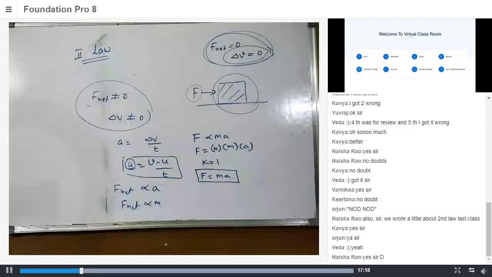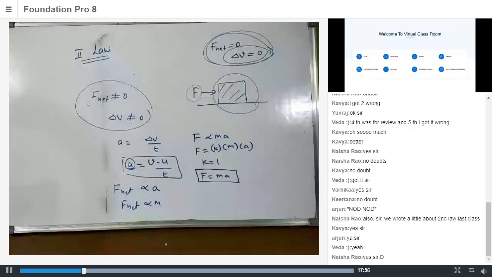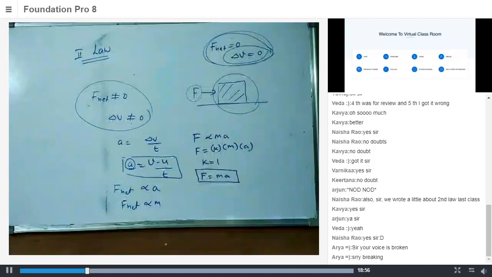Is this fine? Now you can take down: when a force acts on a body, it produces acceleration in it, and the force acting is equal to the product of the mass of the body and the acceleration produced in it.